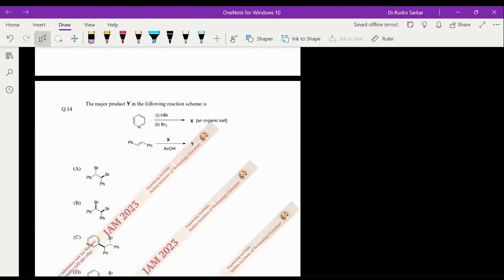Question number 14, the major product Y in the following reaction scheme is. So over here we will say the organic salt that would be formed will be the pyridinium perbromide.